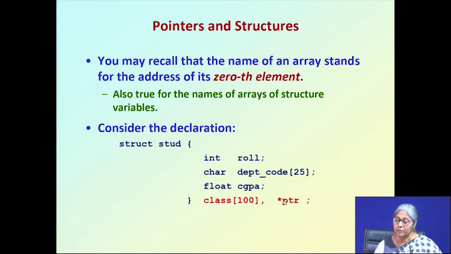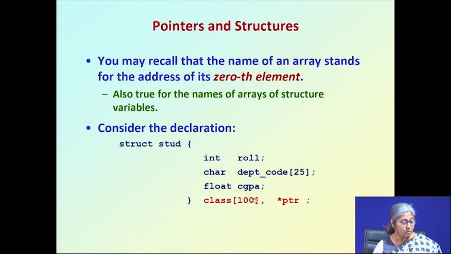I define a pointer star PTR, again of struct stud, that means PTR is a pointer pointing to a structure of this type. It also has role, department code, CGPA, the 3 variable names.